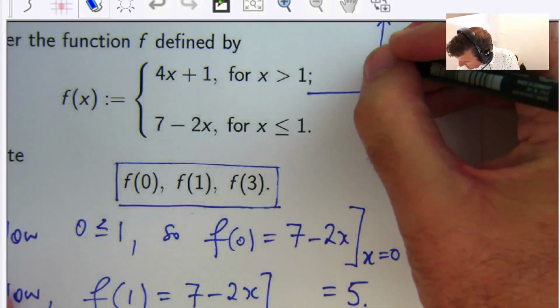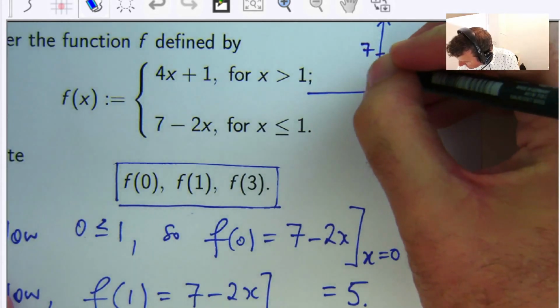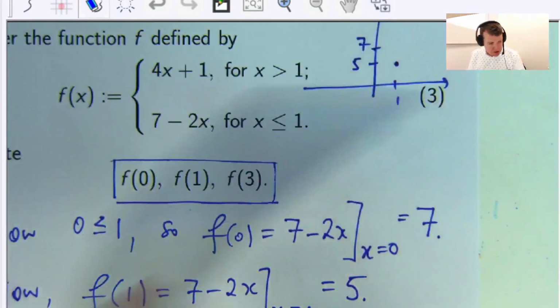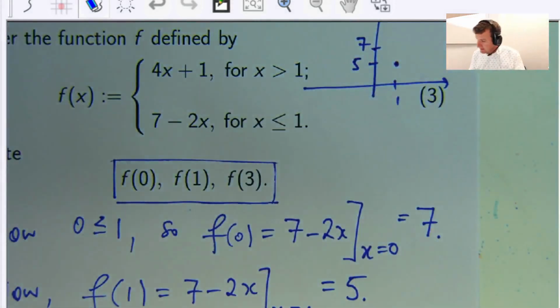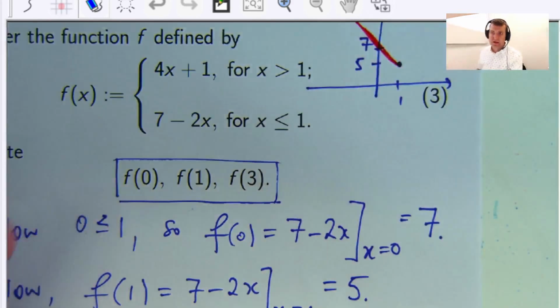So it's going to cut somewhere here, and that might be 1 there, and that might be 5. So it's going to go through those two points.